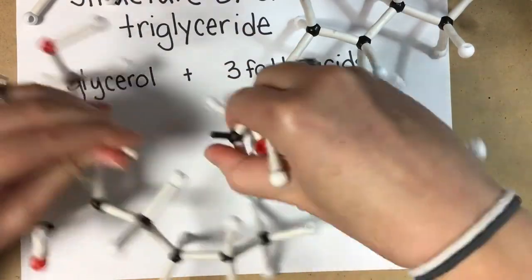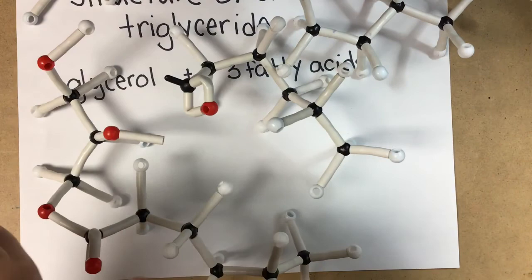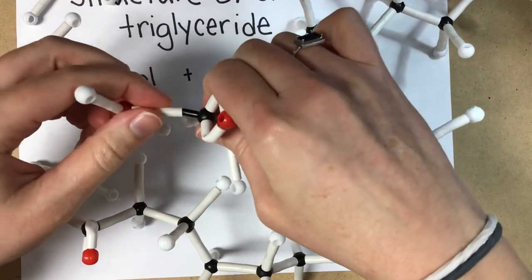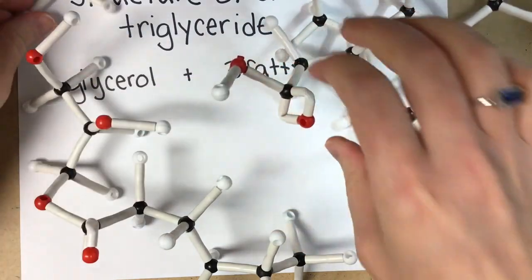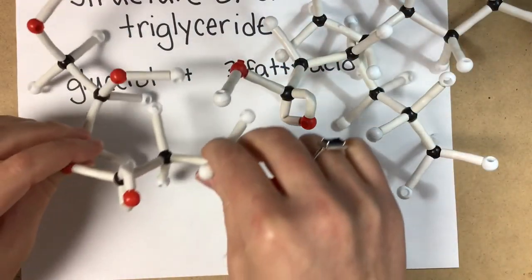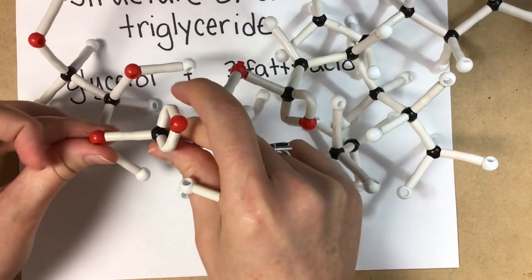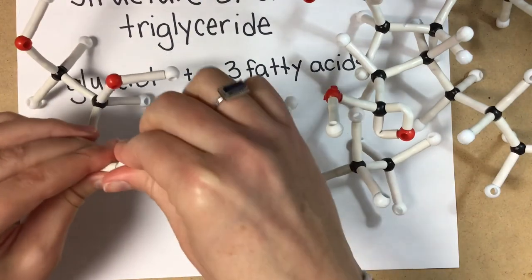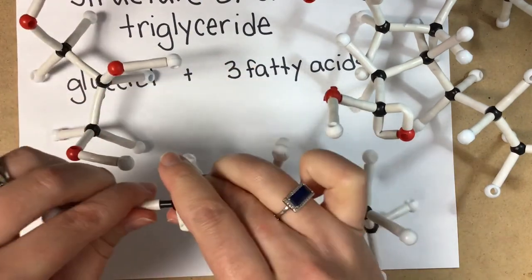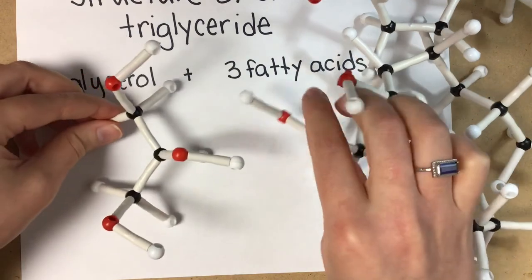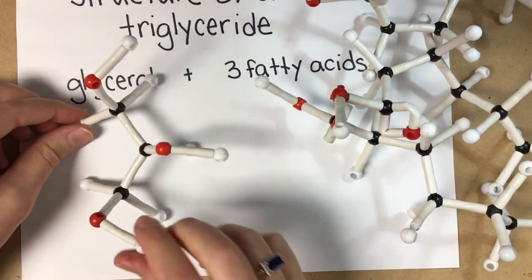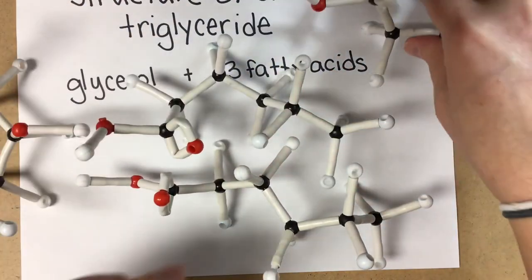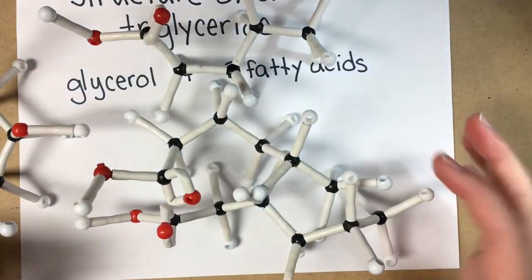So take this apart, put back a hydrogen, add back the OH group, making that carboxyl group again, and then the last one here, add back in the H, put this back on. And so now we have that intact glycerol backbone, and then we have our 1, 2, and 3 fatty acids one more time.